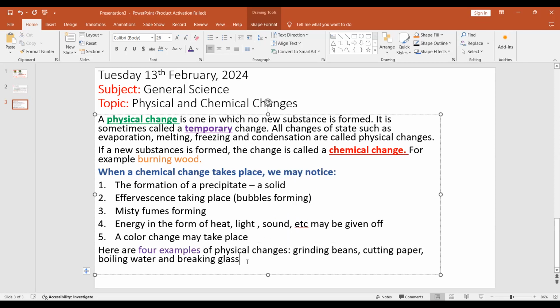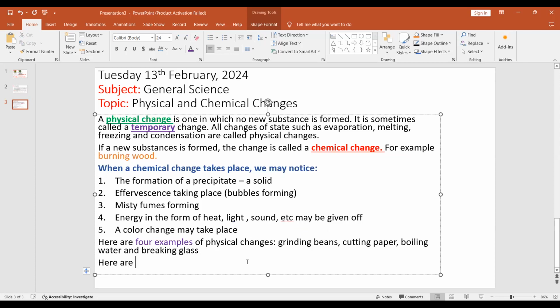And then here are 4 examples of chemical changes.